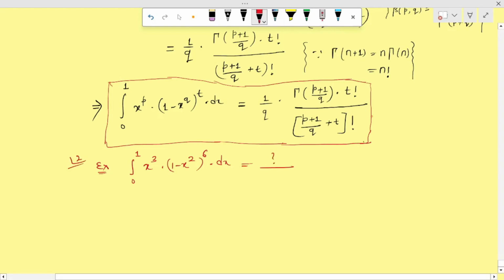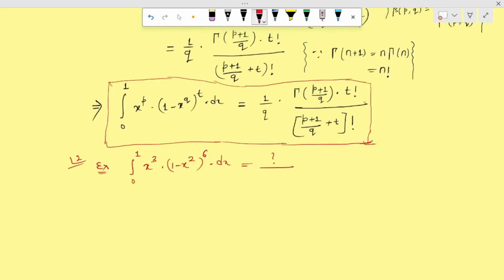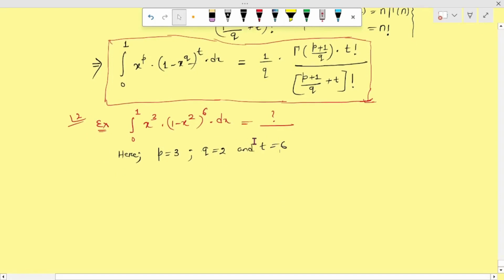We have to use this expression directly. Here if I'm going to compare this integral and this integral, then the so-called p will be equal to 3, and q is nothing but 2, q is equal to 2, and t is 6. So the integral value of this question will be how much?